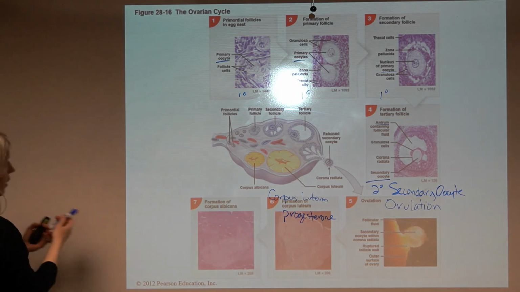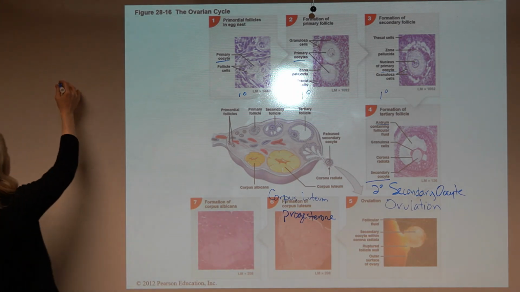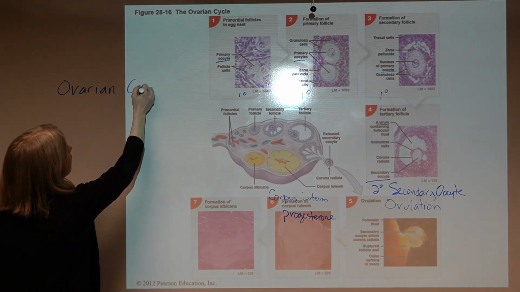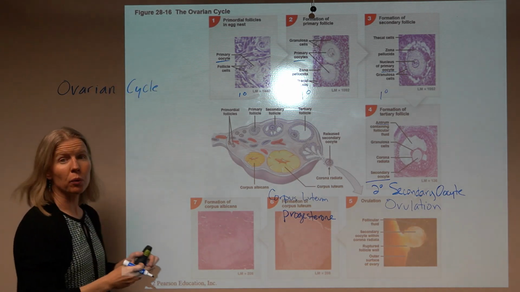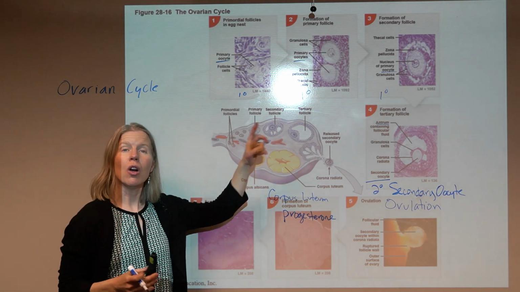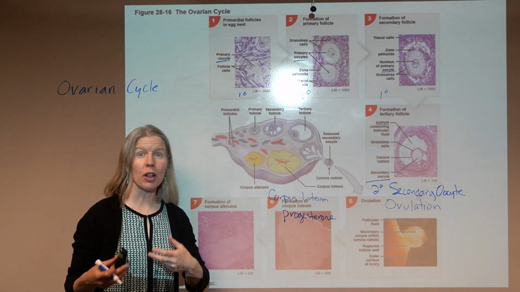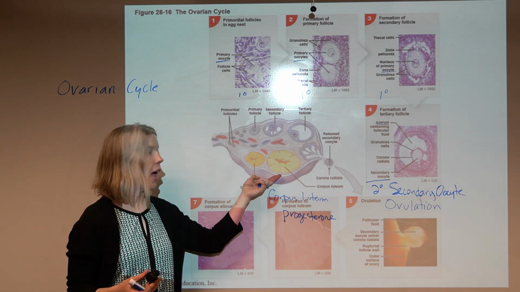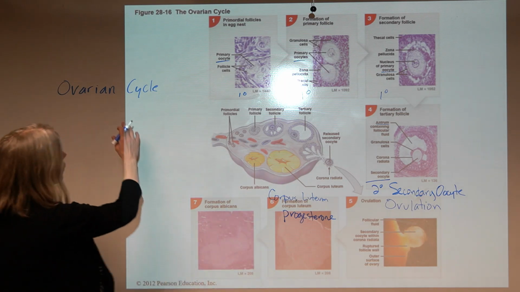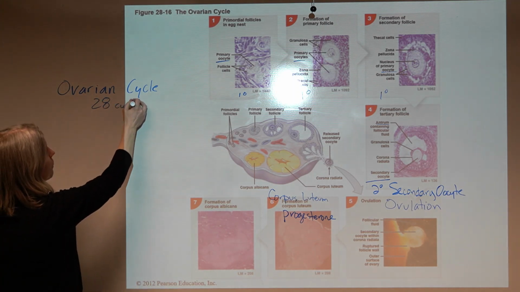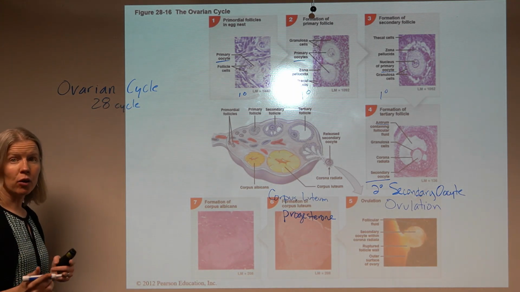So the ovarian cycle is what we're looking at here. Over the course of a month, some of these follicles are going to develop to the point of ovulation and then produce hormones. So the ovarian cycle is a 28-day, more or less, cycle.